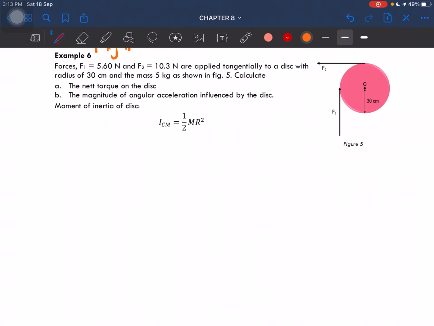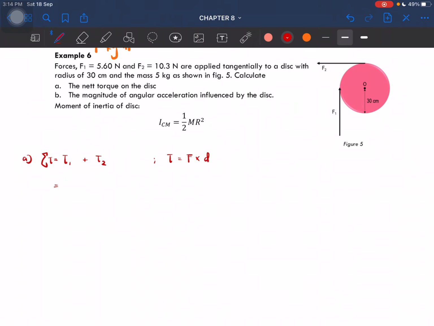So for question A, the net torque is basically just the addition of torque by force 1 and torque by force 2. Okay, and then we know that the formula for torque is force times the perpendicular distance.